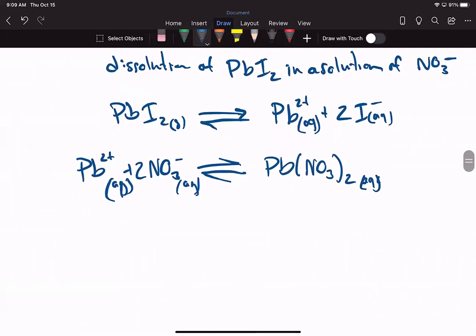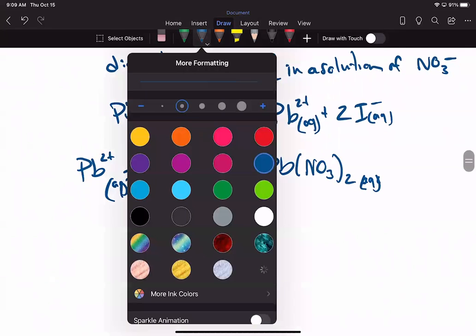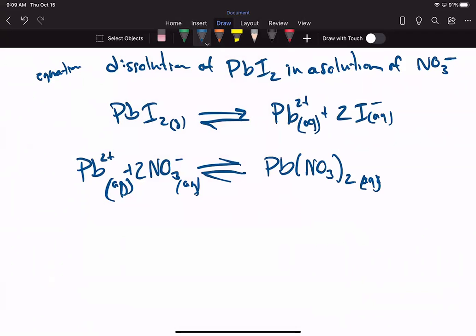And so the equation, let me put that in here too. Our equation of dissolution for lead iodide in a solution of nitrate is simply, let me combine these together. I don't need to see both of these in the reaction here.